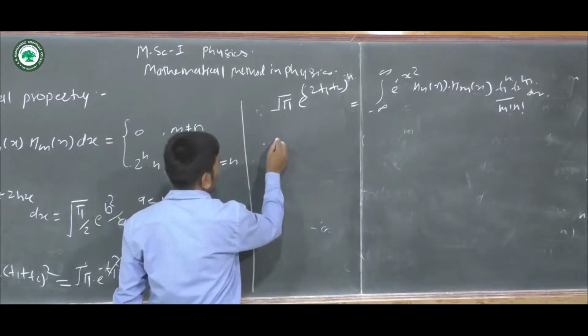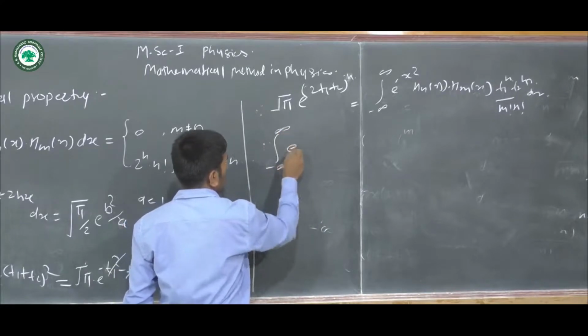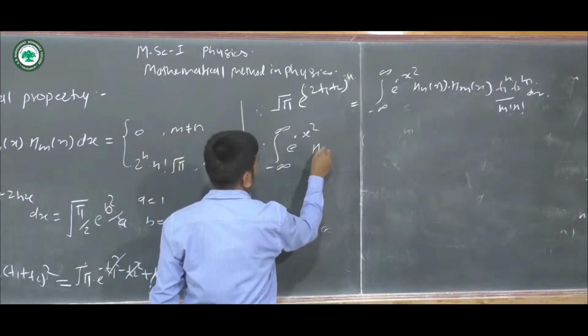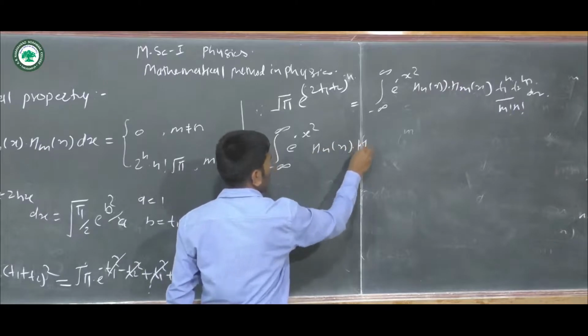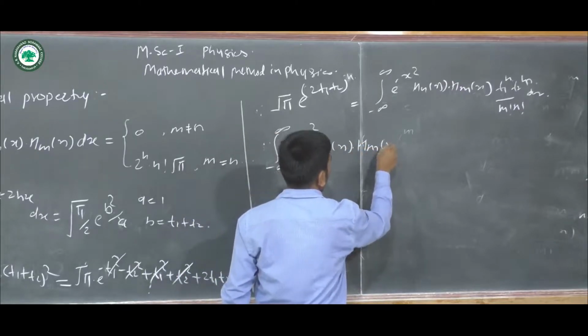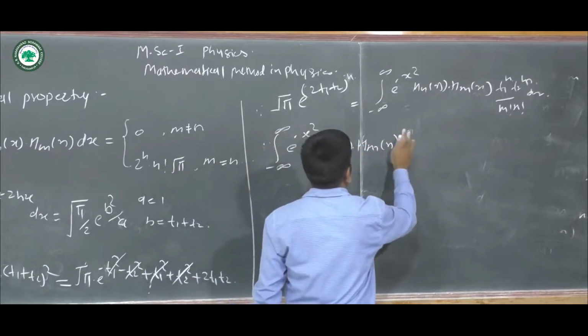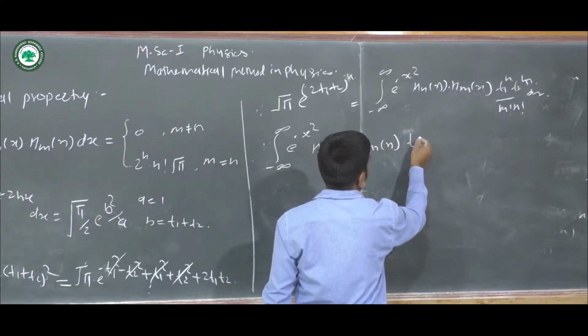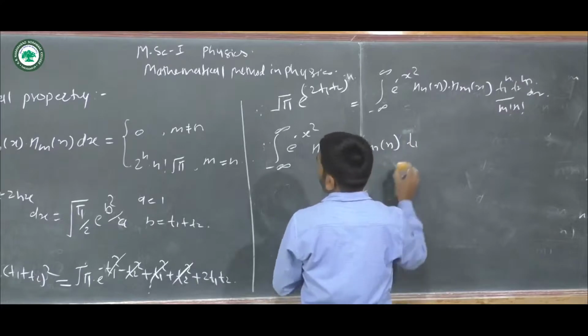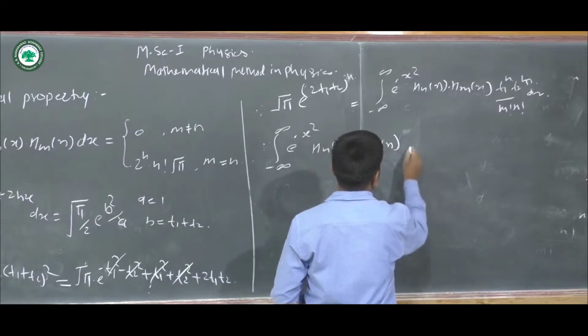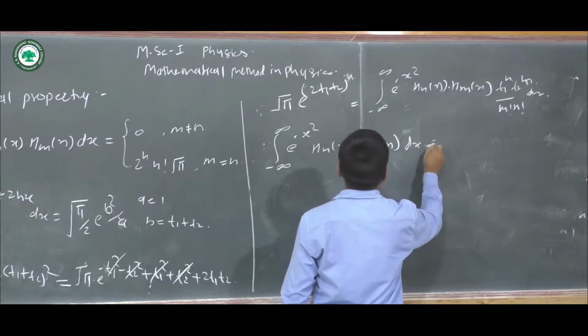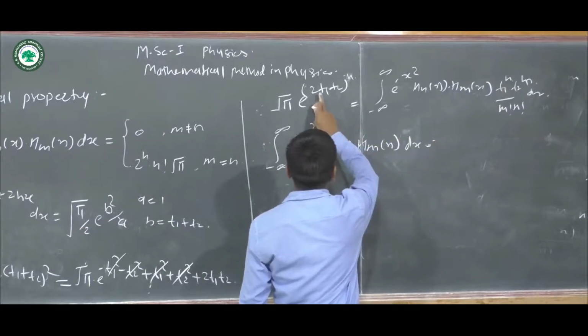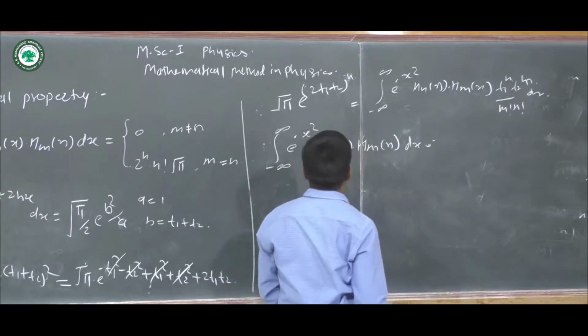So it is the integral from minus to plus infinity of e raised to minus x square H n x into H m x, divided by t1 power n. So here we can write e raised to 2 t1 into t2.